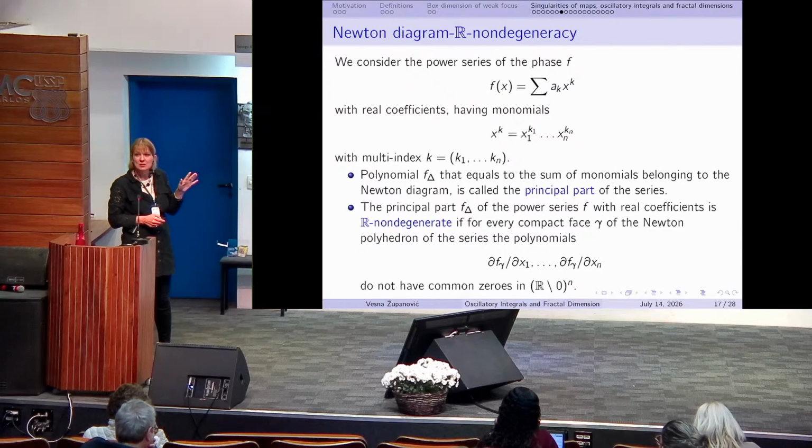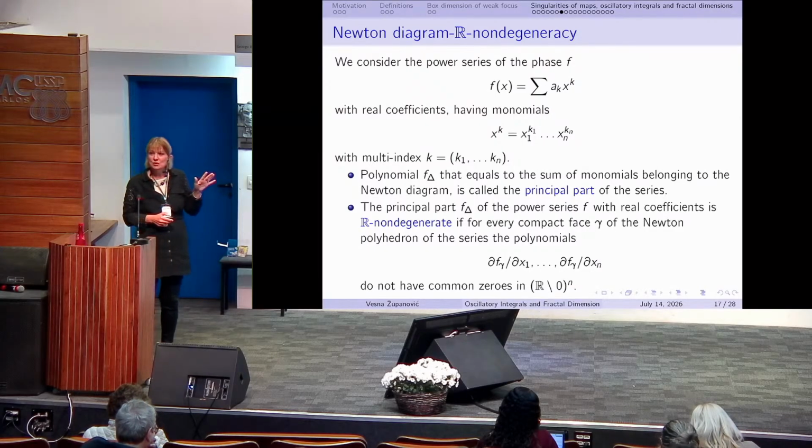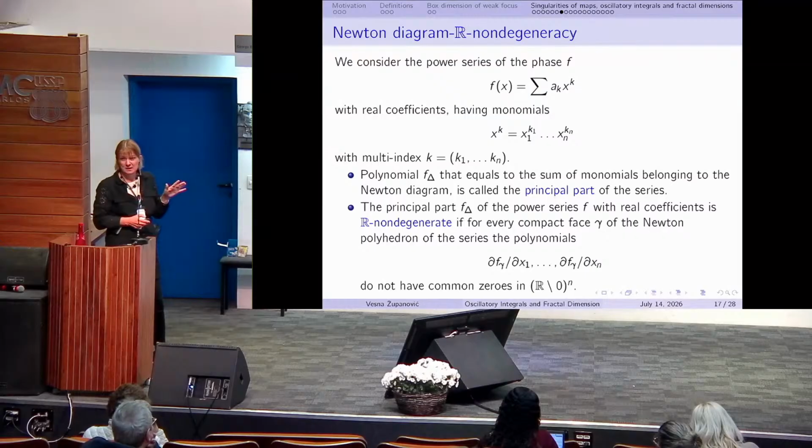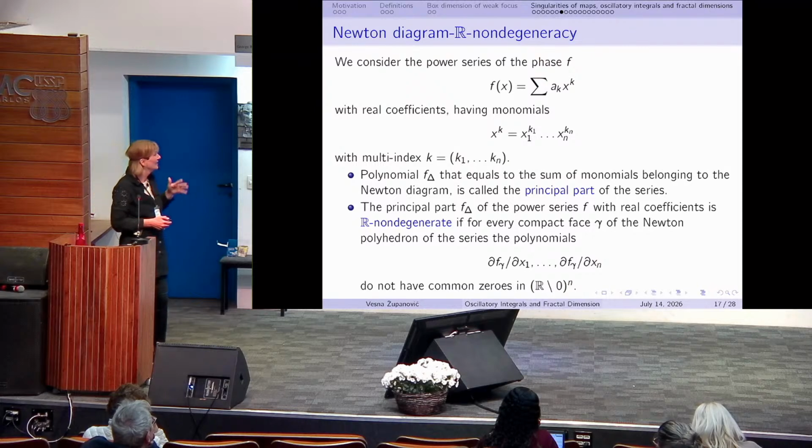If not, it is Newton non-degenerate. It is important in toric resolution because of monomialization, so that you have no other curves.